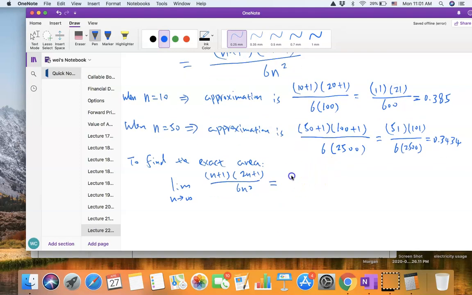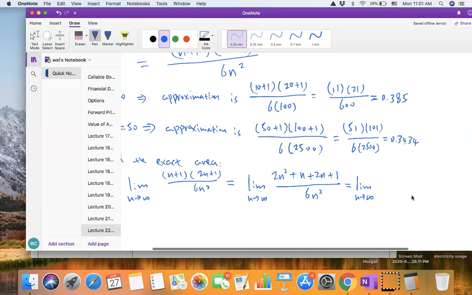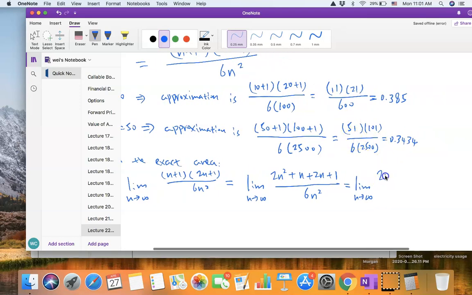To evaluate this limit, we can first multiply the numerator out. So we get 2n squared plus n plus 2n plus 1 over 6n squared. And this equals the limit of 2n squared plus 3n plus 1 over 6n squared.